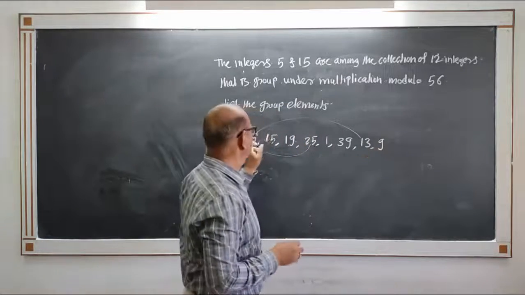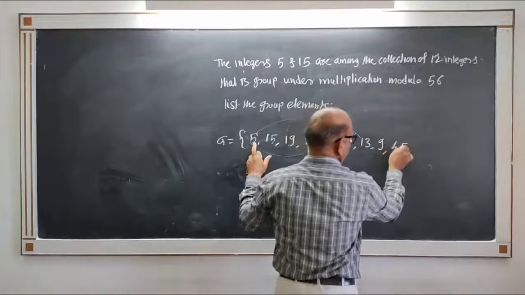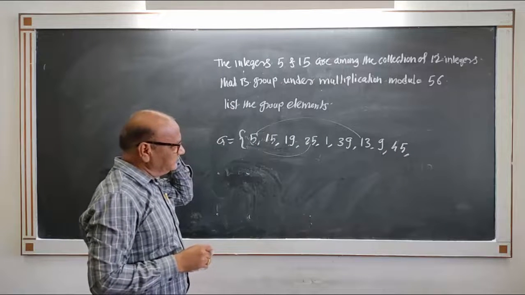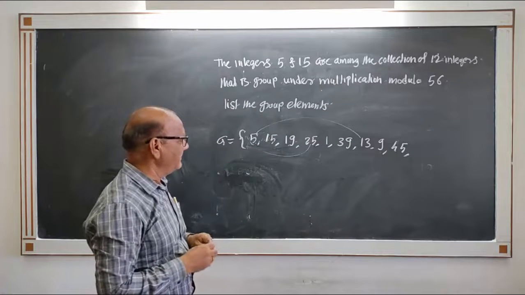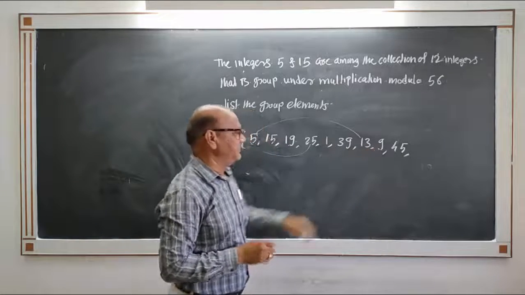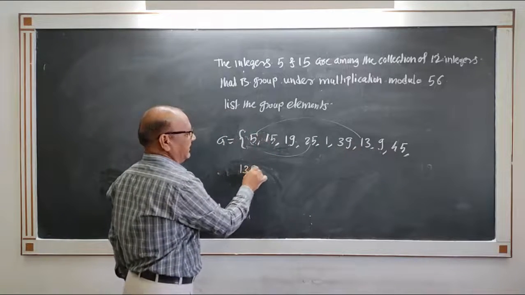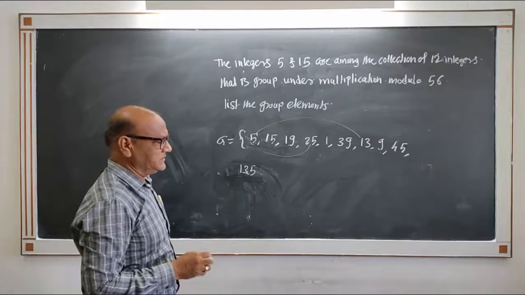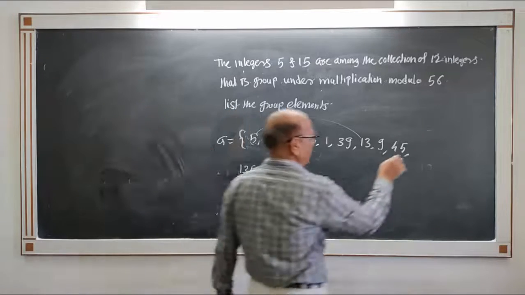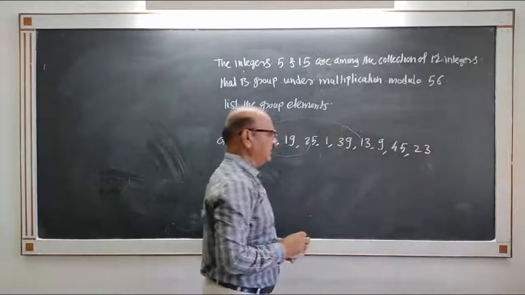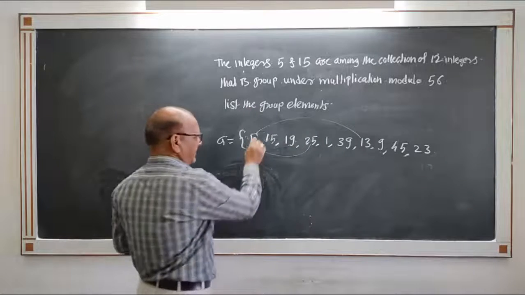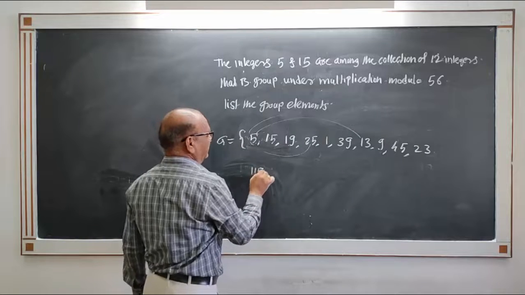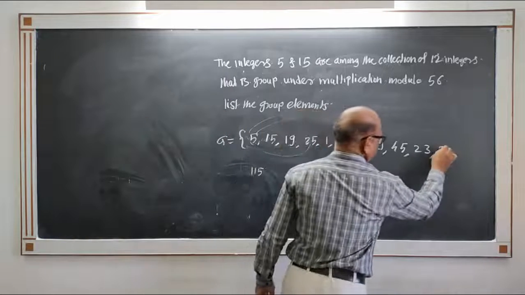The product of these two again, 45. The product of these two, 135, and modulo 56 that means 23. Again the product of these two, 115, and modulo 56 this is 3.